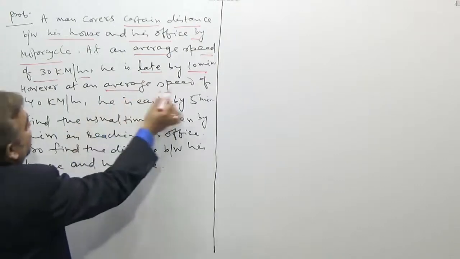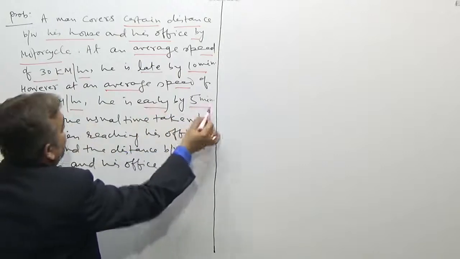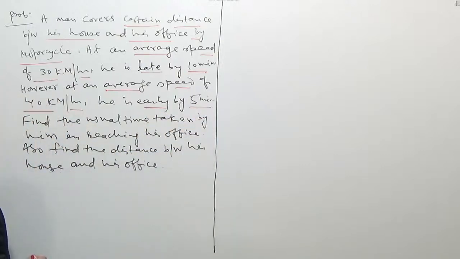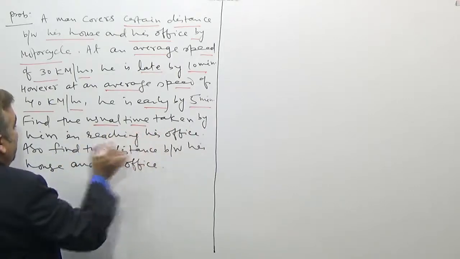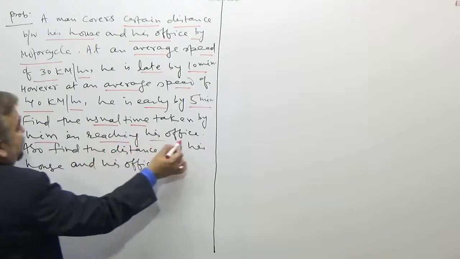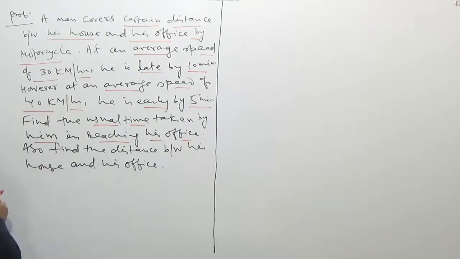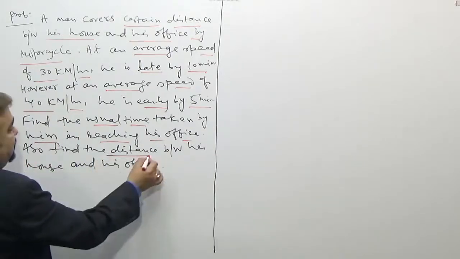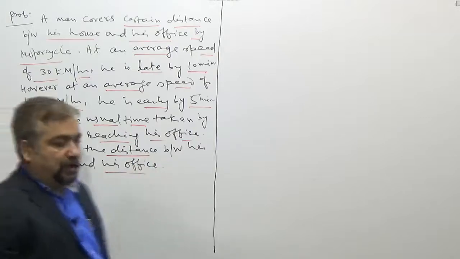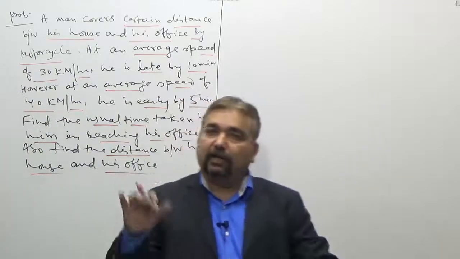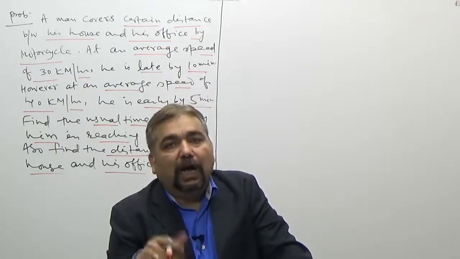However, at an average speed of 40 km per hour, he is early by 5 minutes. Find the usual time taken by him in reaching his office. Usual time means normal time. This is the first question here. And also find the distance between his house and his office. So there are two questions. What is the normal time generally the man takes, and what is the distance between his house and his office?